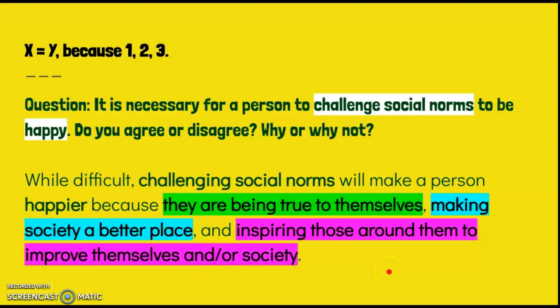Okay, so the argument here is that challenging social norms will make a person happier. And the because is an important vocabulary word because that is the rationale that the writer is using. So this is also a very good one to use for the final exam.